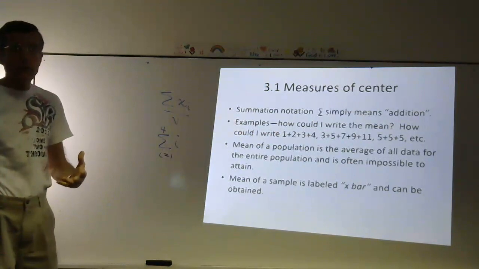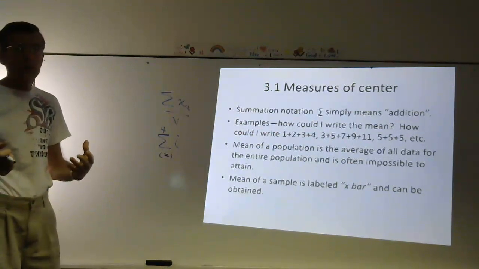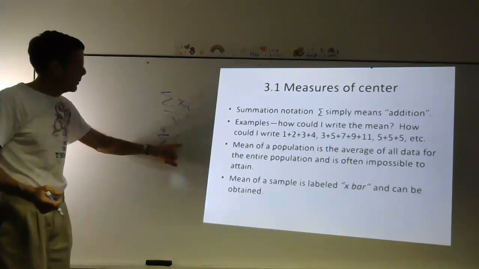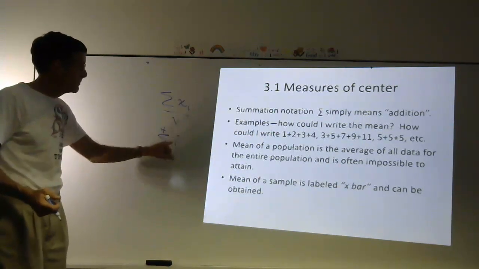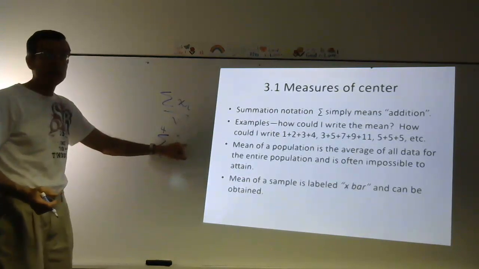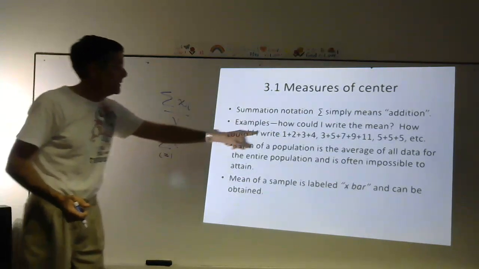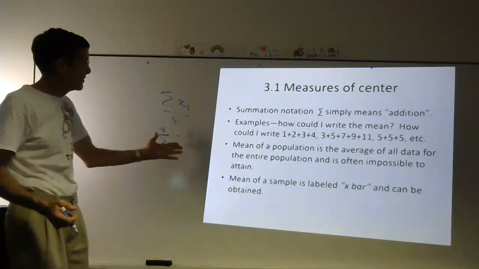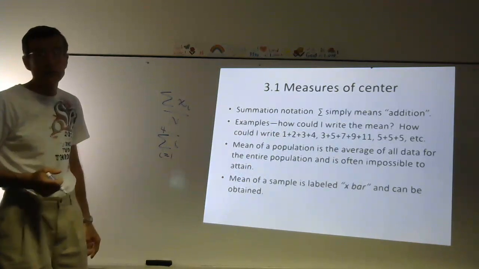It's like for you computer programming people, it's like a for next loop. When you're going through, the first time through i is 1, plus the second time through i is 2, plus the third time through it's 3, and so on. That's technically the way you would write that. Your author would probably skip all of this and just say sum up the x's or sum up the i's.